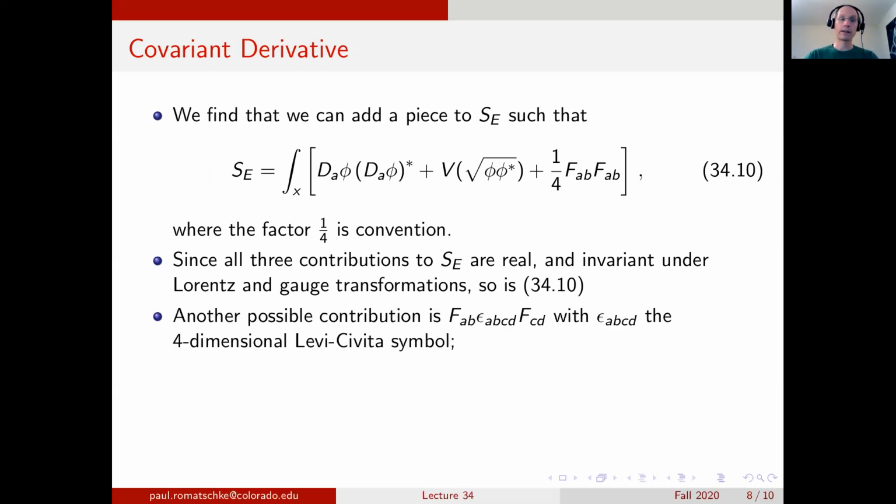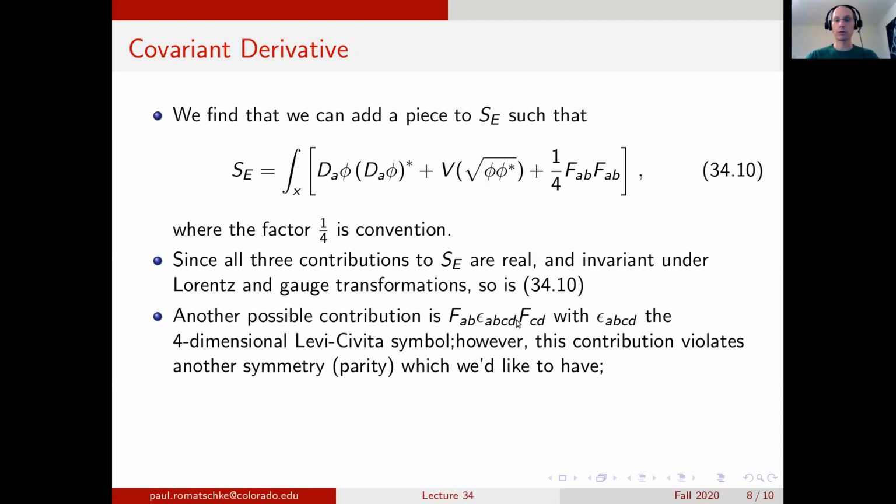Note that there would be another possible contribution that we could write down. This you can build out of the field strength tensor F_AB times the so-called dual field strength tensor, which is F_CD times epsilon ABCD. Epsilon here is the 4-dimensional Levi-Civita symbol that's totally antisymmetric in its indices.